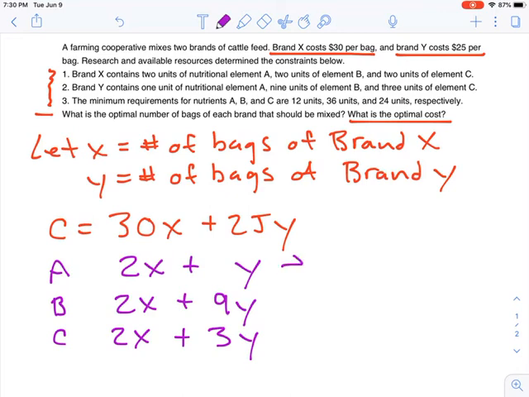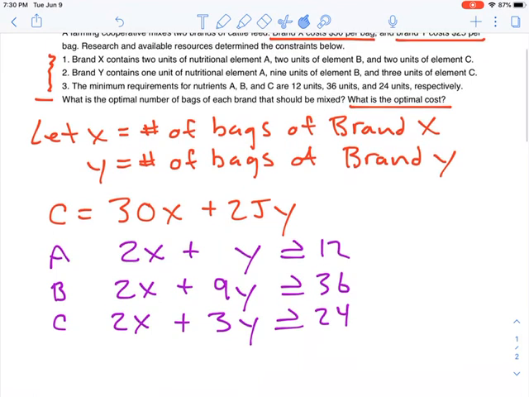So we would say greater than or equal to 12, greater than or equal to 36, greater than or equal to 24. And so those are my constraints. And we really don't need this anymore. So these would be my subject to those constraints.